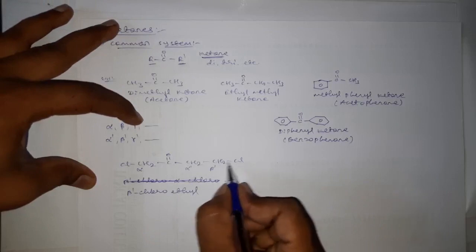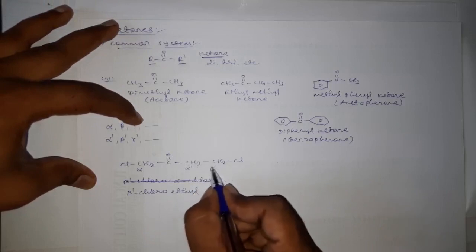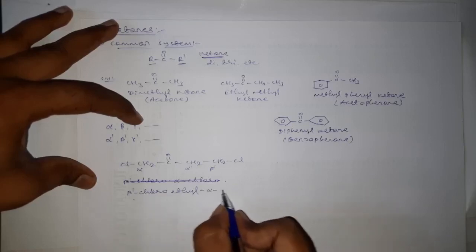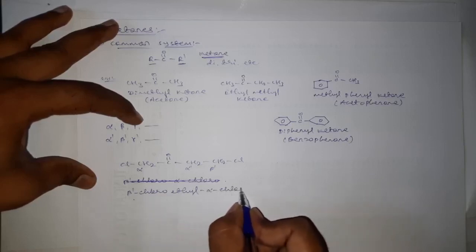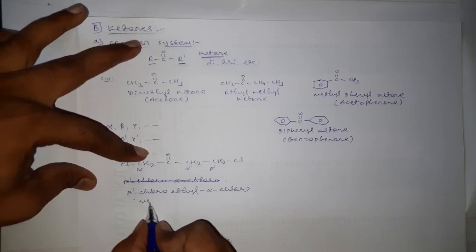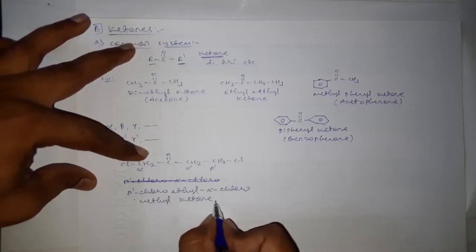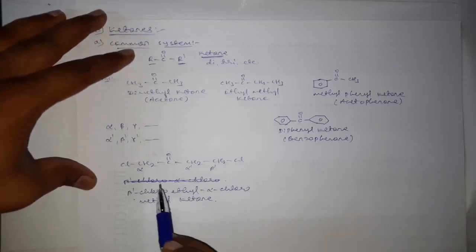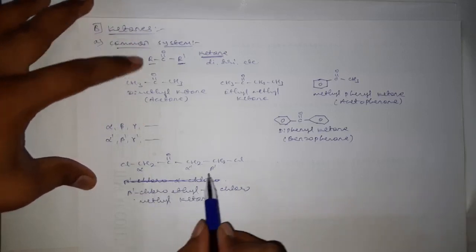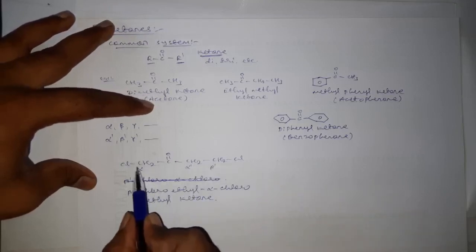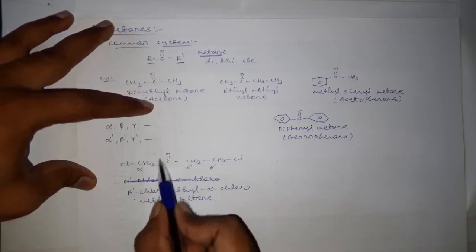Beta dash chloroethyl, here ethyl group is there, then alpha chloromethyl, then after we have to add the word ketone. The common name for this compound is what? Beta dash chloroethyl alpha chloromethyl ketone.